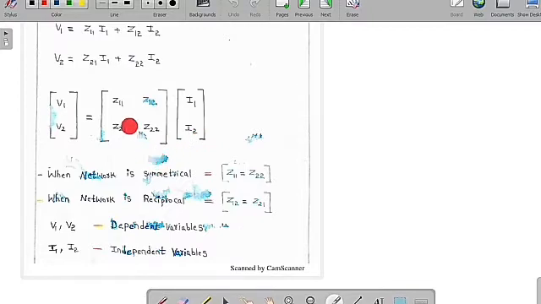A network is symmetrical only when Z11 is equal to Z22, and reciprocal only when Z12 is equal to Z21. I1, I2 are the independent variables, whereas V1, V2 are dependent variables.